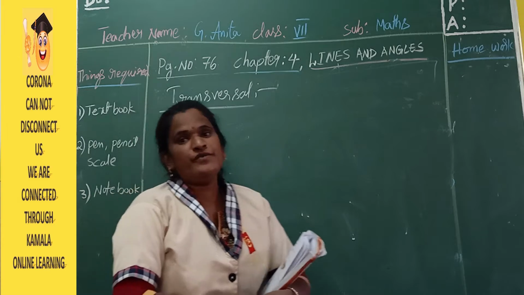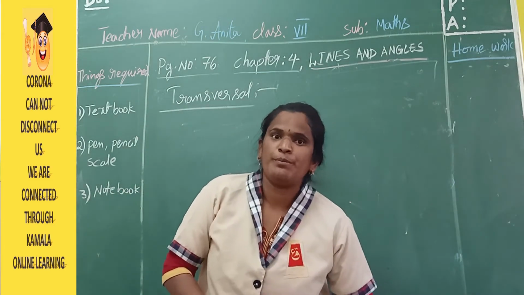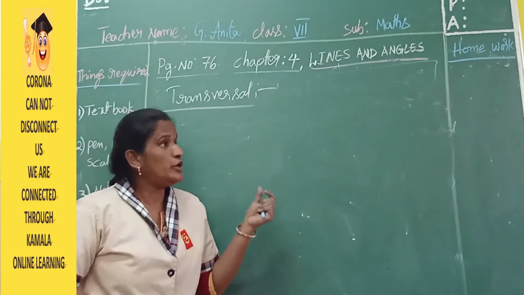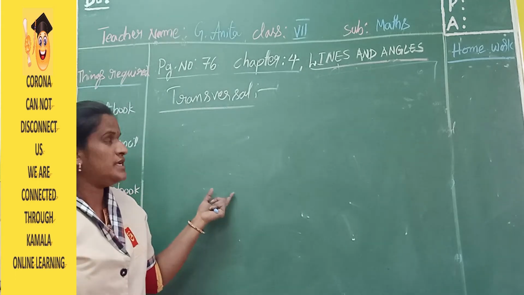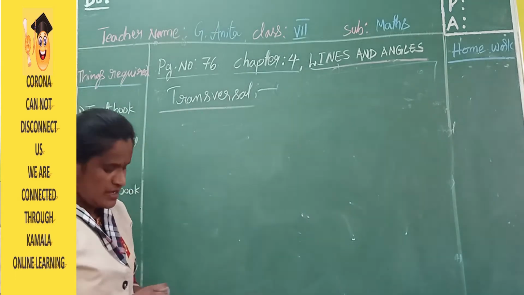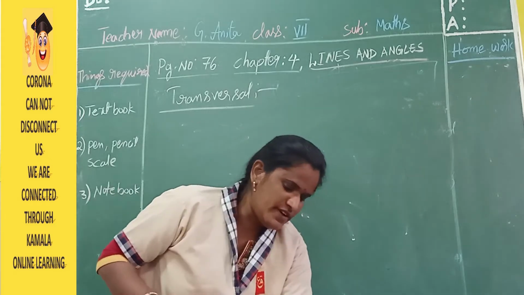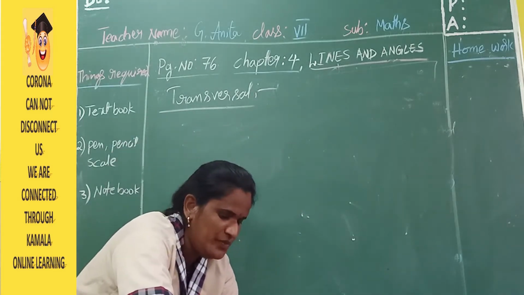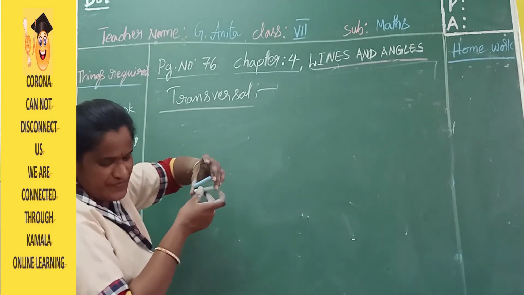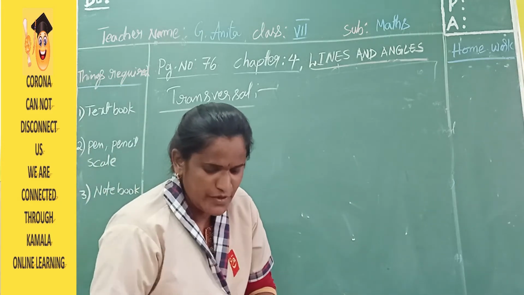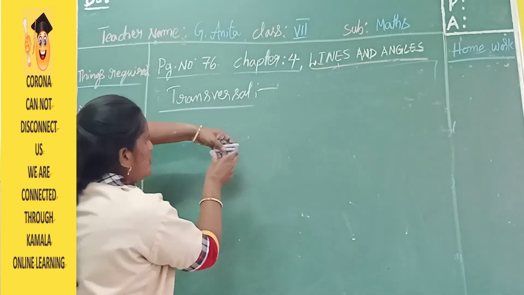A line which is intersected by two other lines at two different points is called a transversal. Should I tell one example? For example, here these two lines are there.